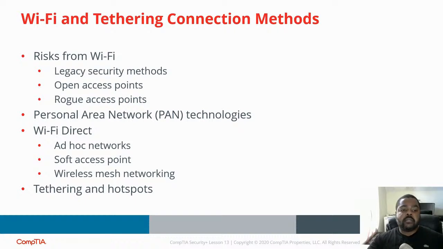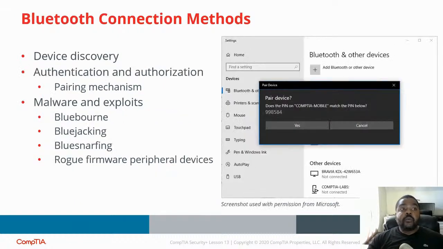They just want to connect because they have a certain job that they need to do in a certain amount of time, and maybe connecting to the local Starbucks is the closest and fastest thing that they can do. So we want to make sure that we take all those things into consideration when we have users that are on the go. So another way we could connect is through Bluetooth.